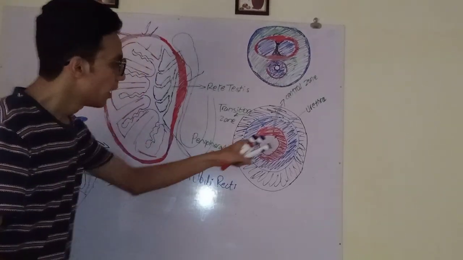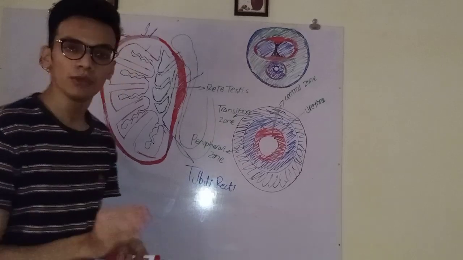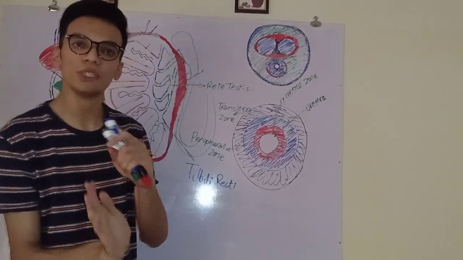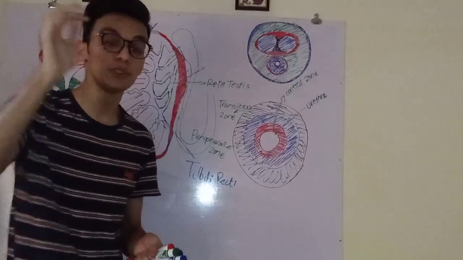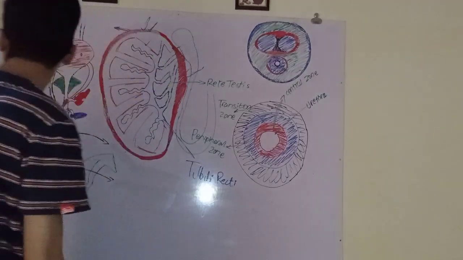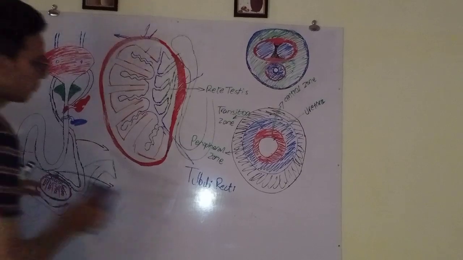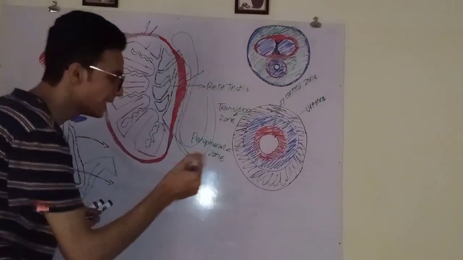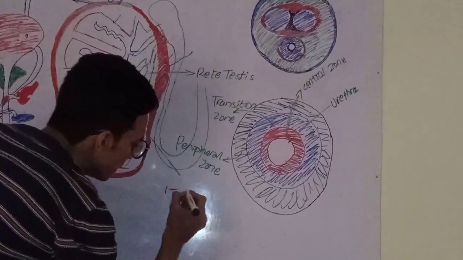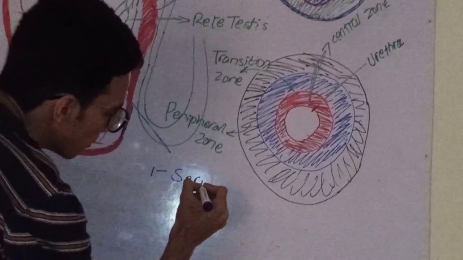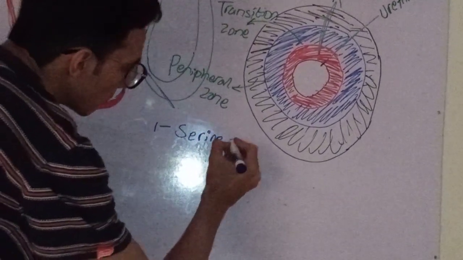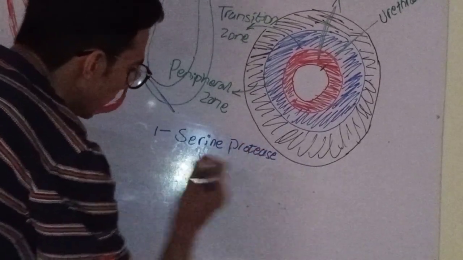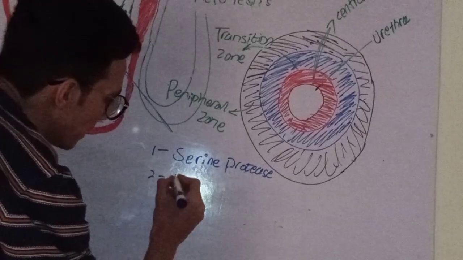Before discussing the next thing, we should cover the secretions released by the prostate gland, which are very important. First is serine protease. The second is fibrinolysin.